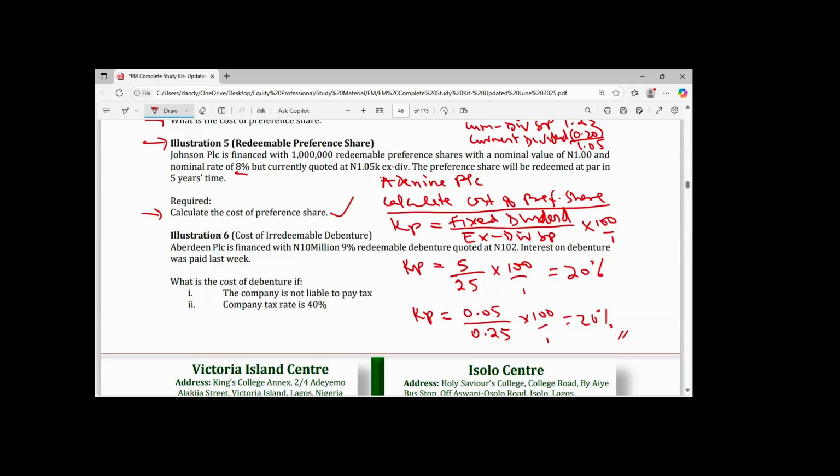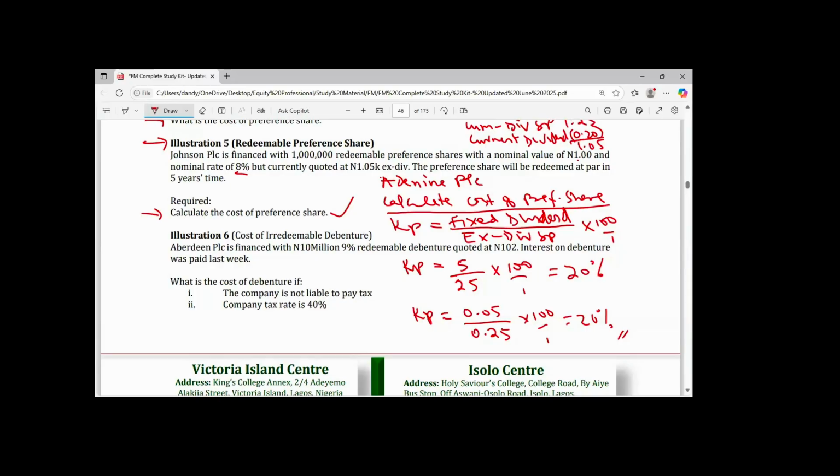That is the rate of dividend that the company will pay to the preference shareholders. So all you need to do is to multiply the 8% on the nominal value. The nominal value of the preference share is 1 naira. So 8% of 1 naira will give you 8 kobo. So the dividend that the company will pay will be 8 kobo.